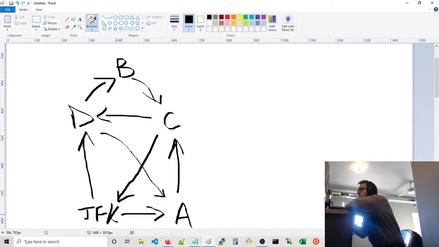All these tickets. All right, it's got two out, one in, and this is two in and one out.